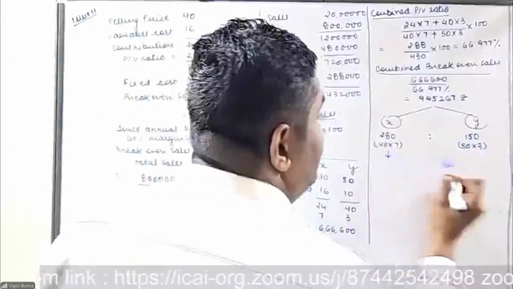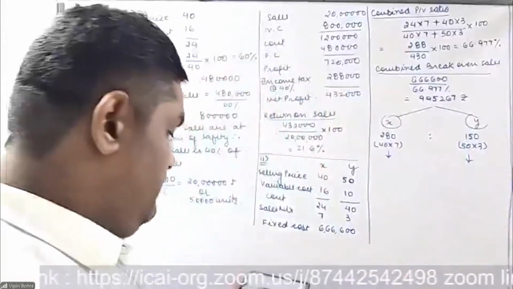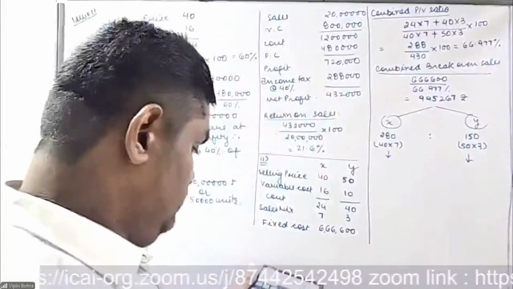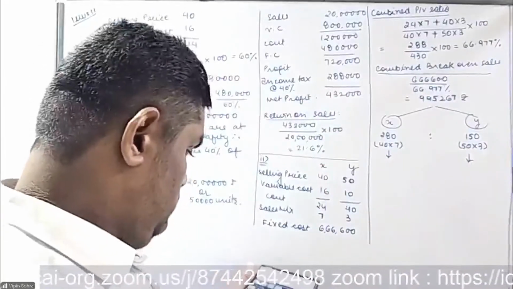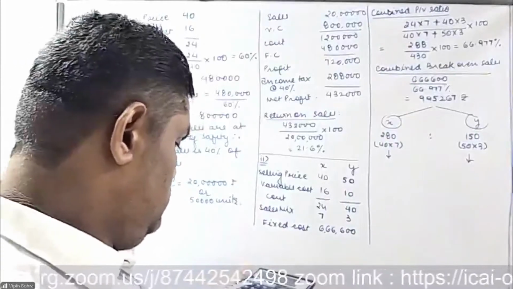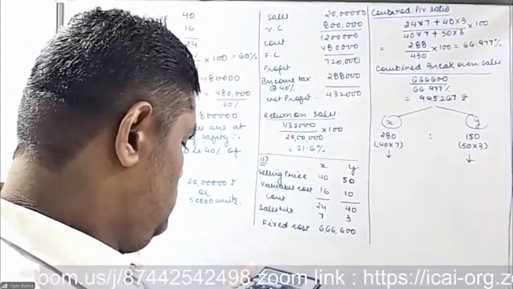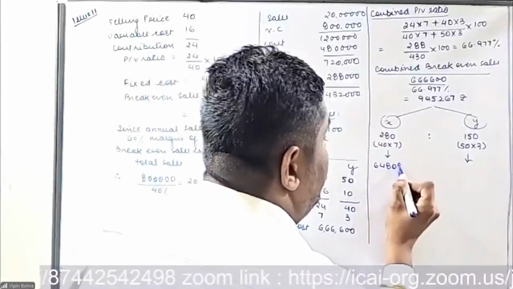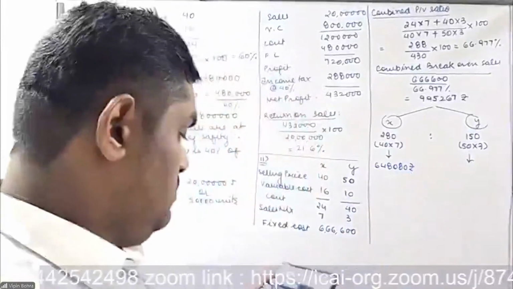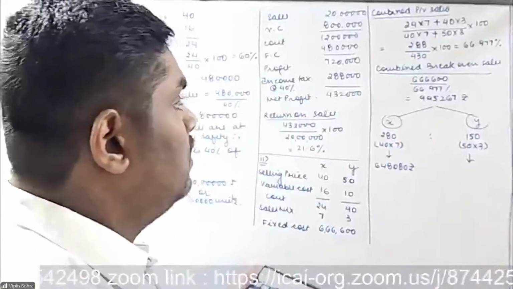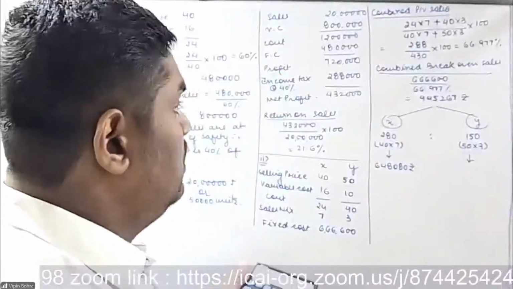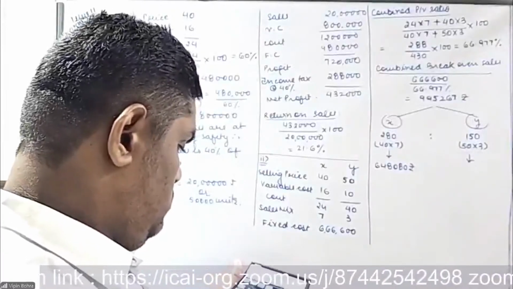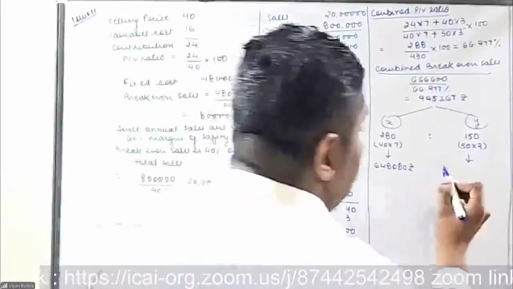So we will get the break-even sales in rupees for X and Y. So this will be 648,080 rupees and 347,187.